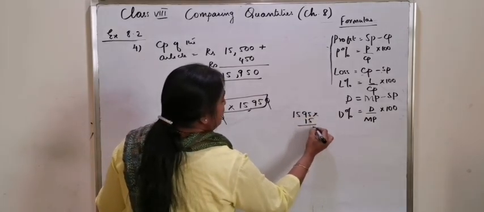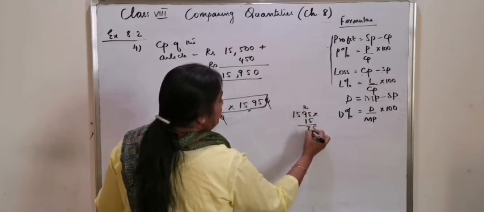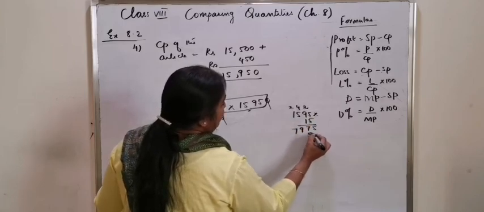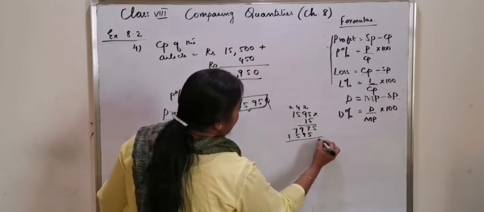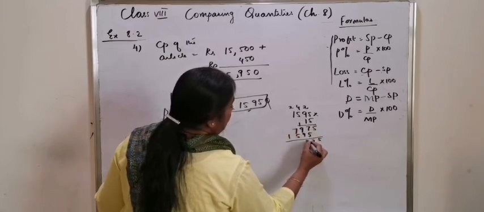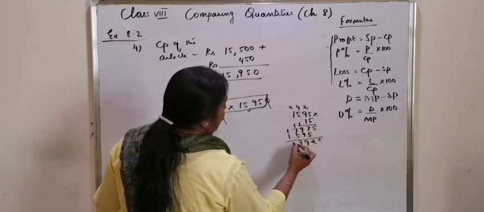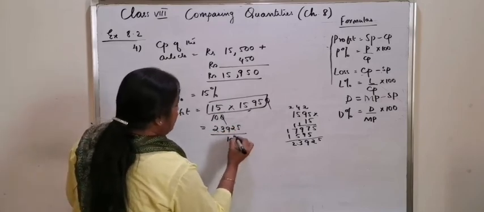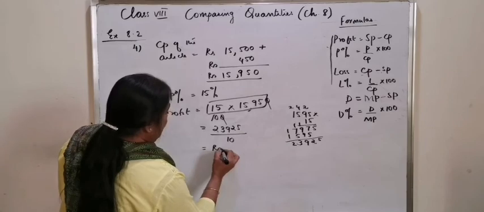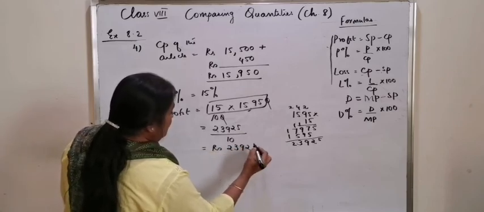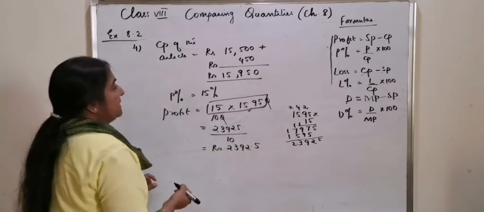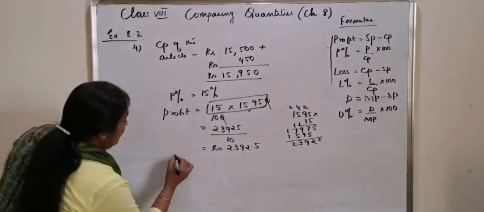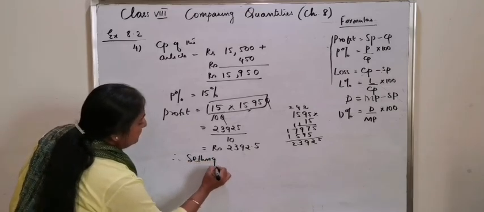Into 15. 5 5s are 25, 5 1s are 5. Divided by 10, which is equal to rupees 2392.5. The profit is 2392.5. Therefore, what is the selling price?